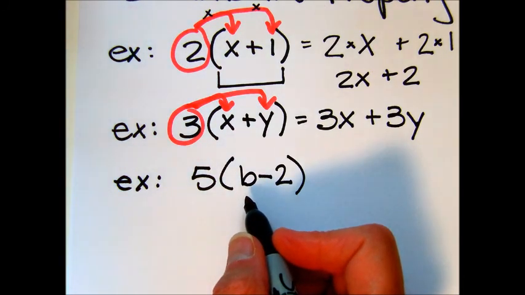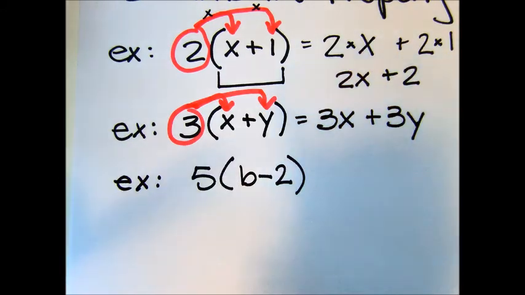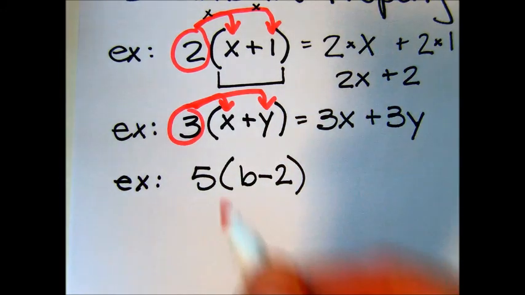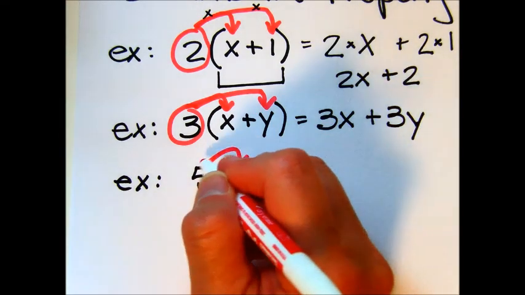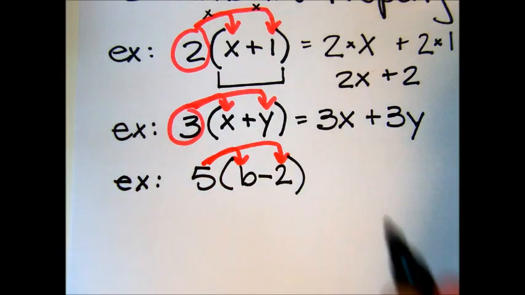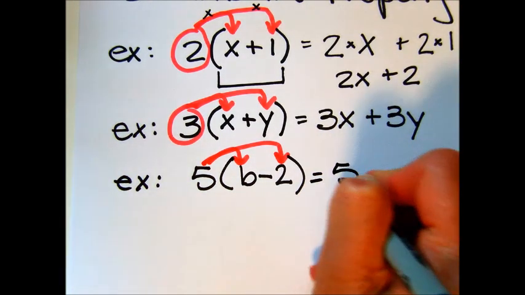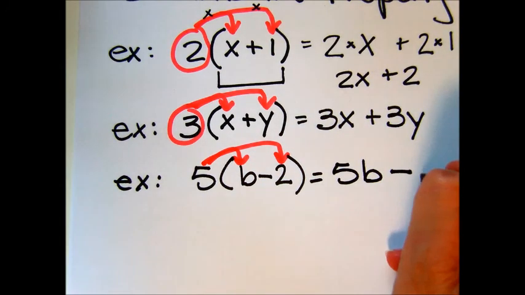Oftentimes we're going to see x, y, z, or a, b, c, but really you can use any letter. Again, we're going to multiply 5 times b, and then 5 times 2. So here we have 5b minus 5 times 2 is 10.